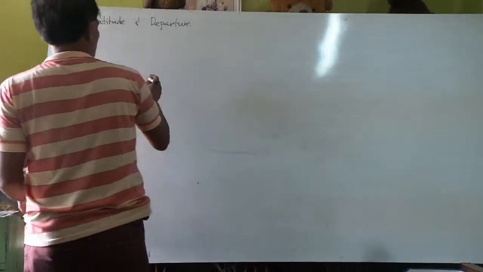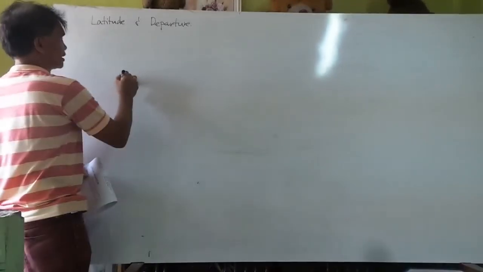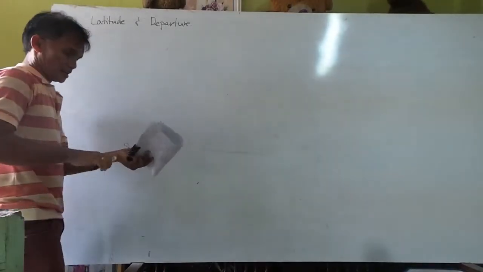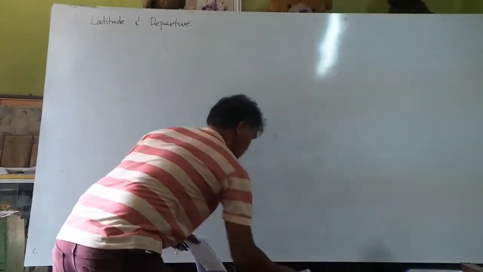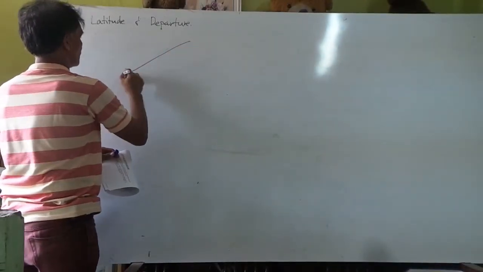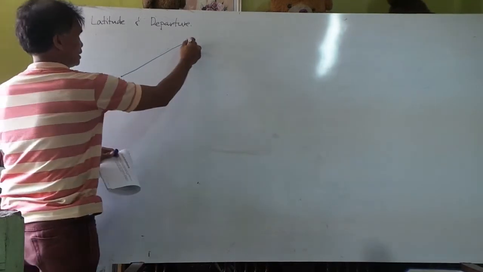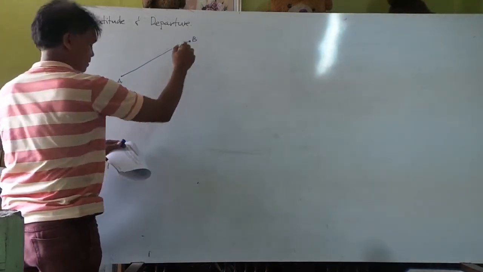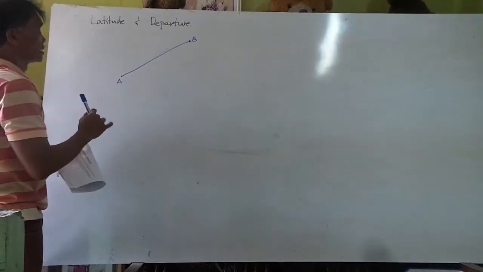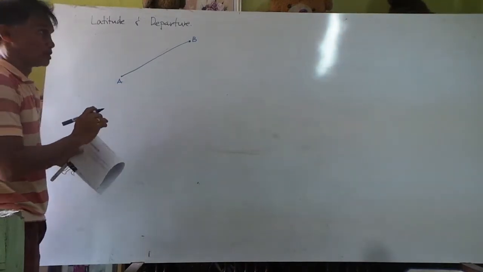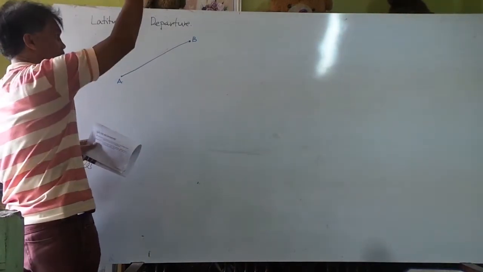So if you have a line, shall we say line AB, its projection is going to the north. North is going upward.